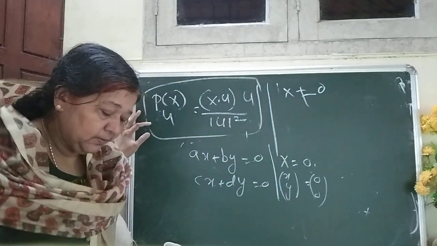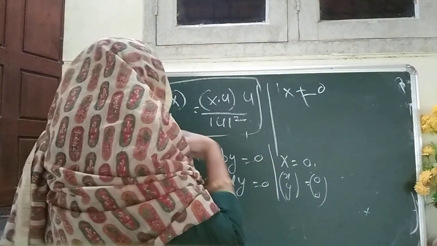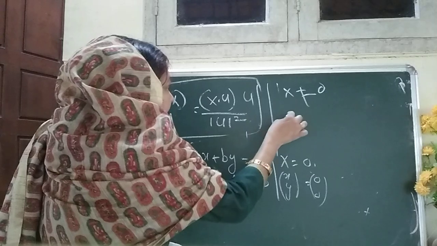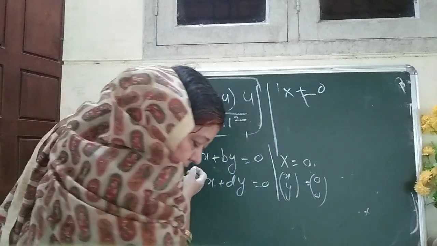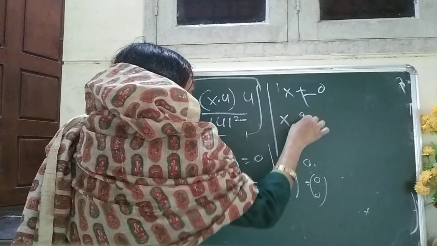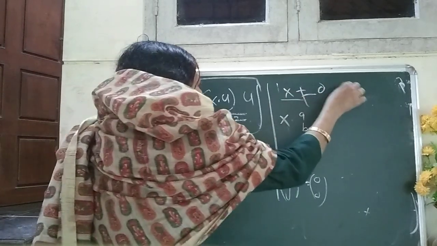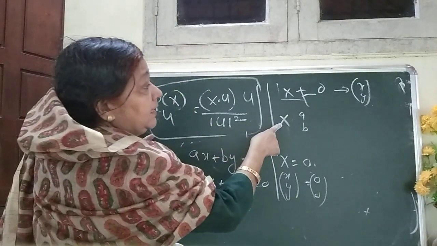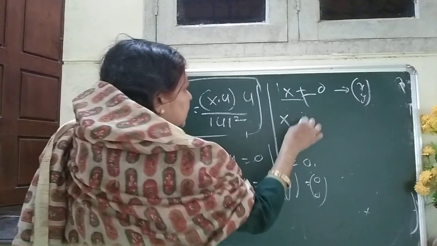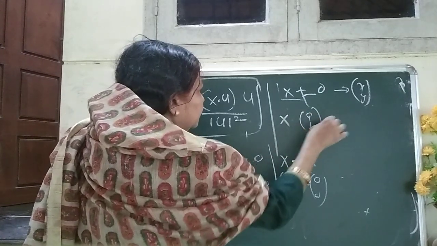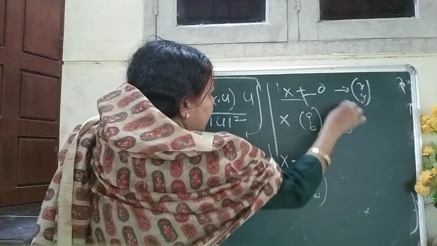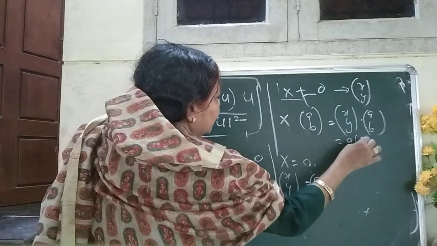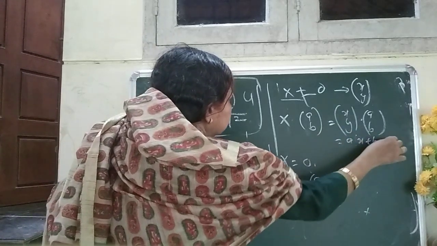If (a, b) is the coefficient vector and x equal to (x, y) is a non-zero solution, then x dot (a, b) equals ax plus by, which equals 0.